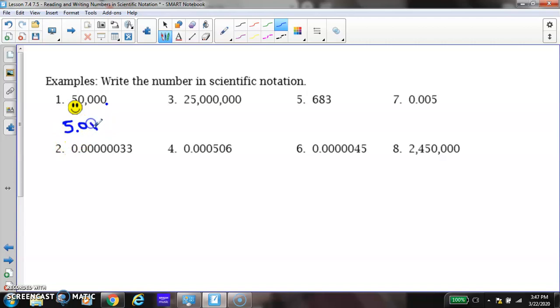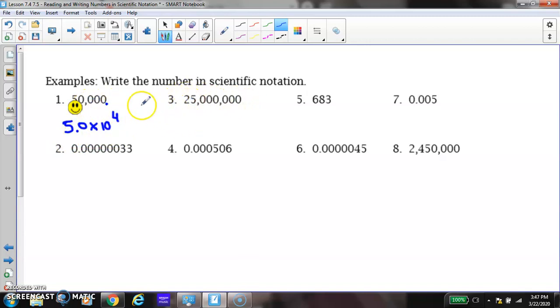We're going to write times 10, and we always will for every single problem. Now remember, if you have a large number, we're going to have a positive exponent on 10. We moved 1, 2, 3, 4 places, so my power on 10 is going to be a positive 4. I can check my answer using my calculator. So 5 times 10 to the 4th power would give me 50,000.